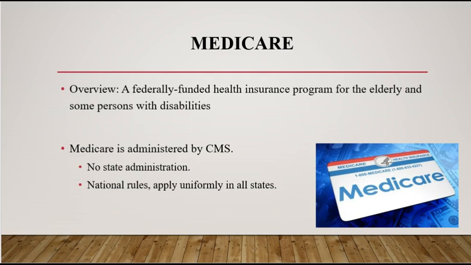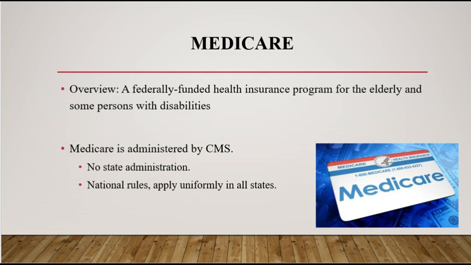And just to give you an idea of the breakdown between the 3 groups that are eligible and who are actually receiving or utilizing these Medicare services, in 2012, about 50.7 million beneficiaries, 83% of them were actually 65 years and older, and 17% were under the age of 65.